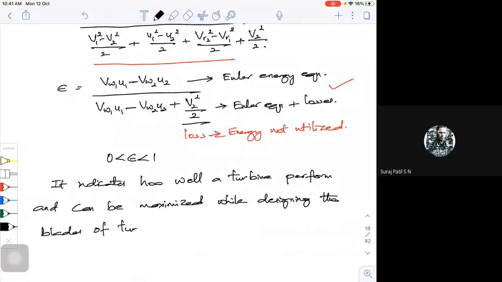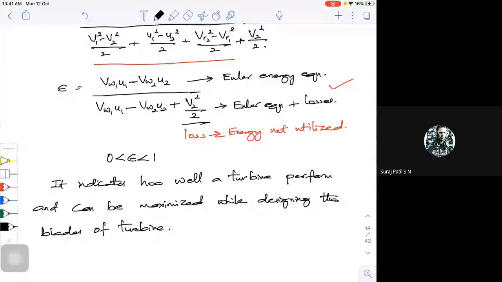At the design point, while designing the turbine itself, we try to keep this number as high as possible, 0.95 or 0.98. It's difficult to get epsilon equal to 1, but I can go for a higher number like 0.98.